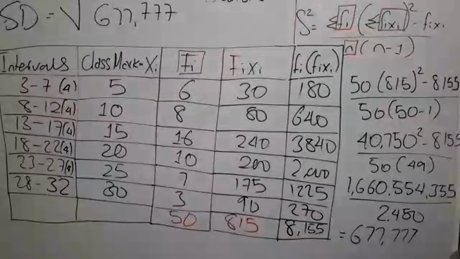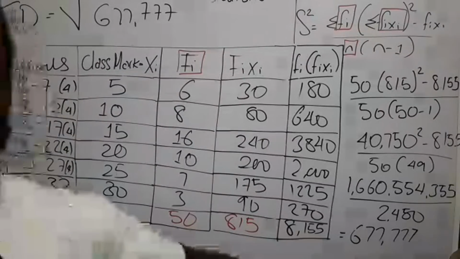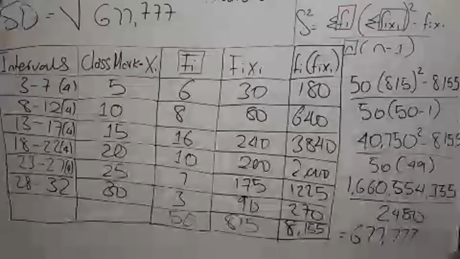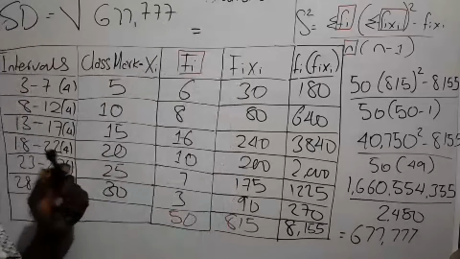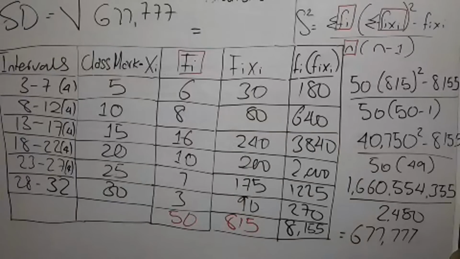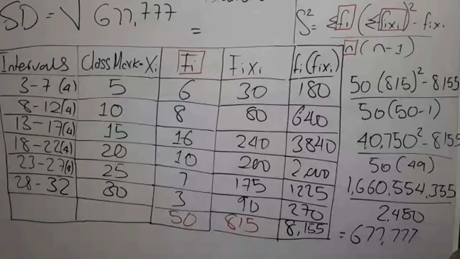Please note that. So what is the square root of what we have for our variance?